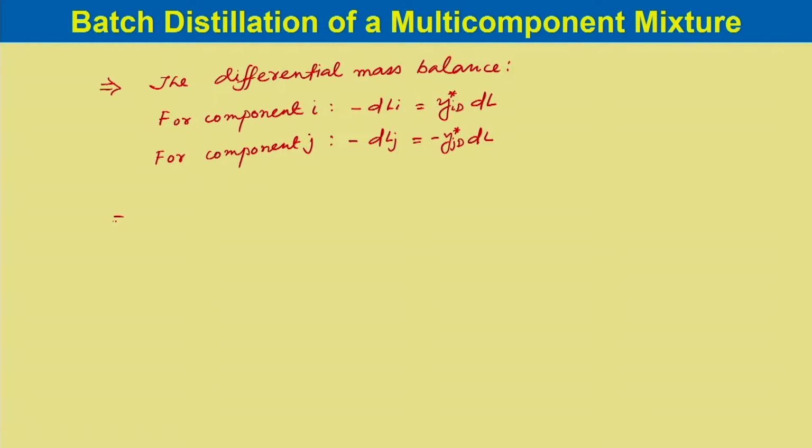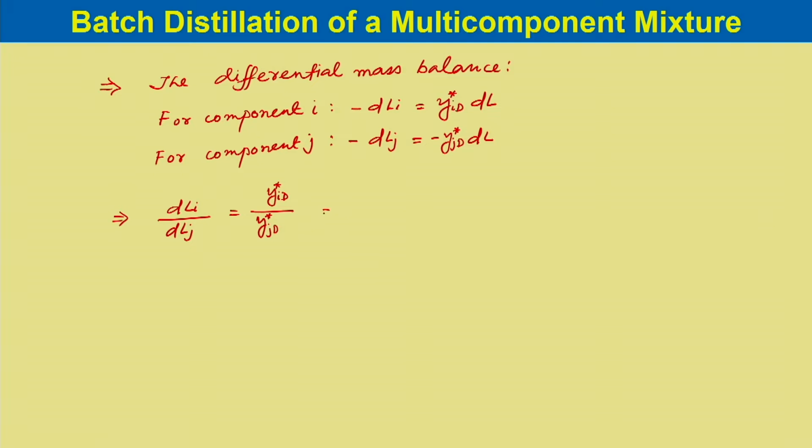Now, from these two equations we can write dLi divided by dLj would be equal to yi d star divided by yj d star.